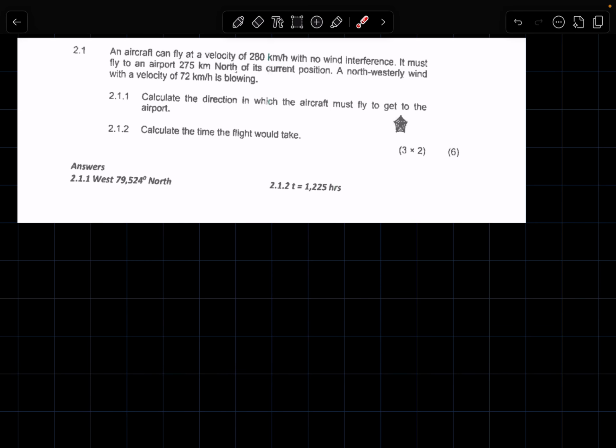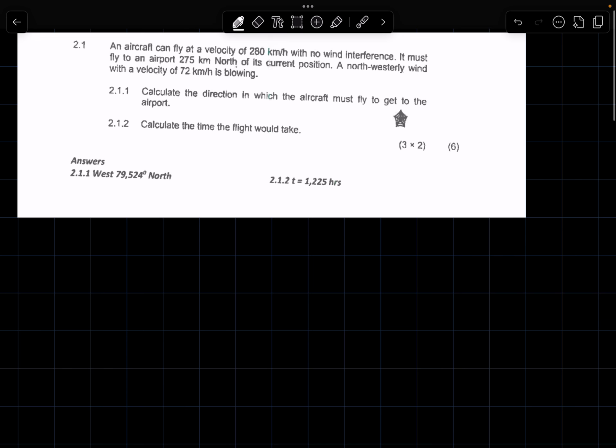Now, the first statement is an aircraft can fly at a velocity of 280 kilometers per hour with no wind interference, right? So what we can take away from the first sentence is that you've been given a velocity, and this velocity is relative to the wind. As you should know by now, any velocity relative to the wind is VO.